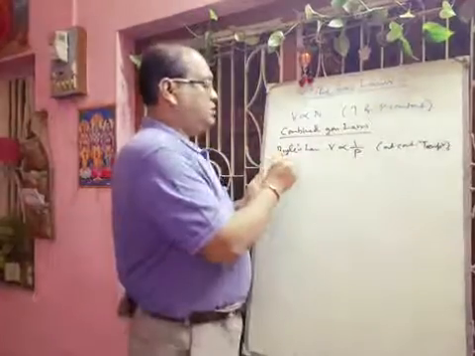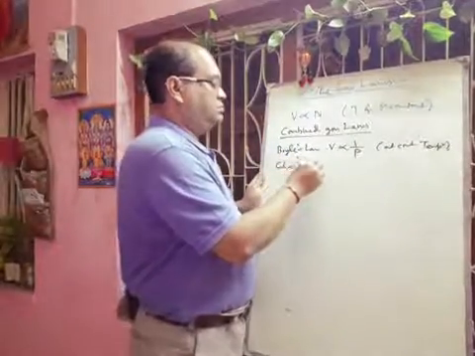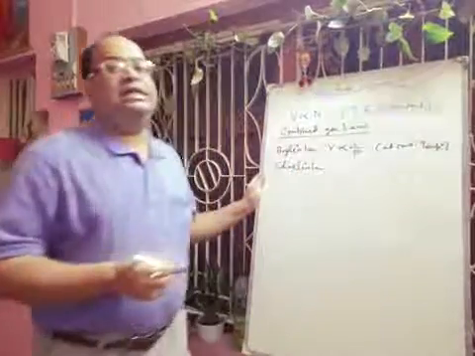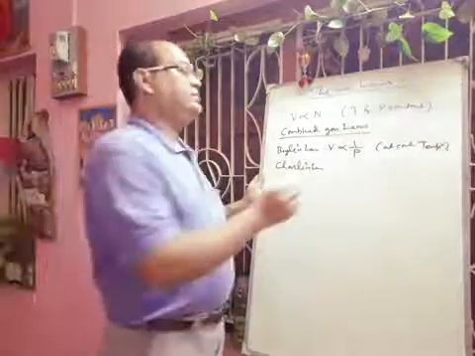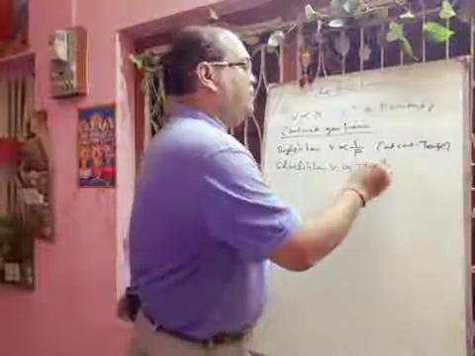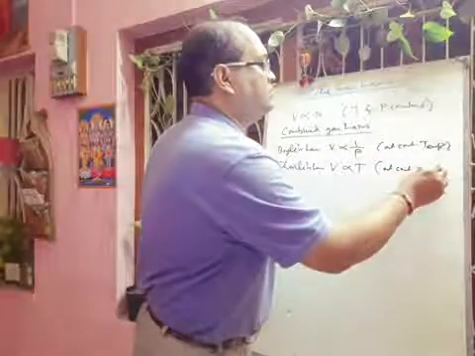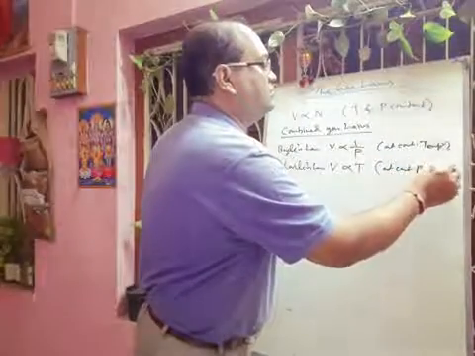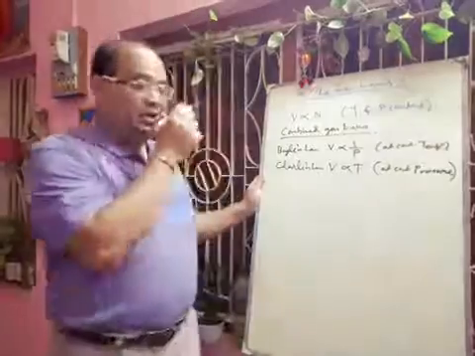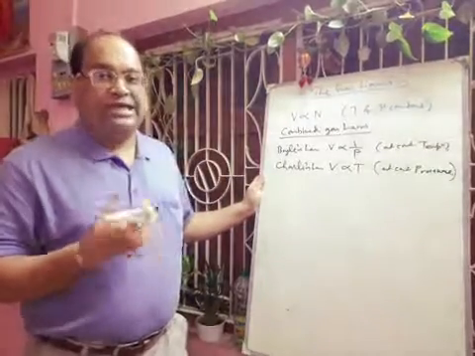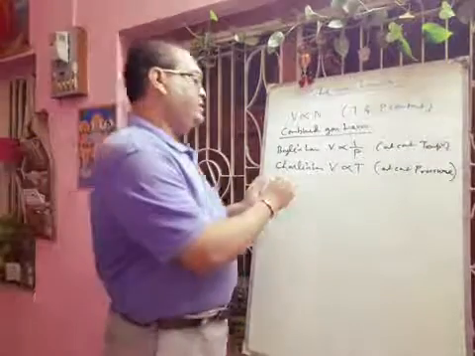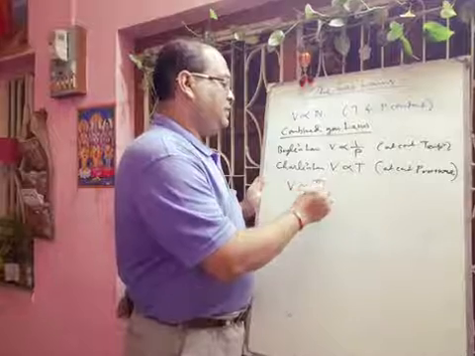And from Charles' law, we are getting that V is proportional to T, at constant pressure, when pressure is constant. Hope you can understand. So by combining these two laws, we can write V is proportional to T by P.